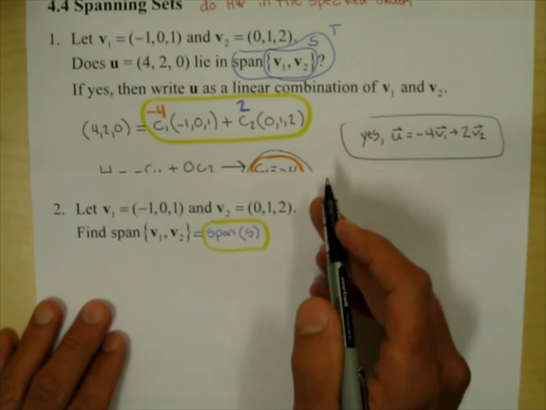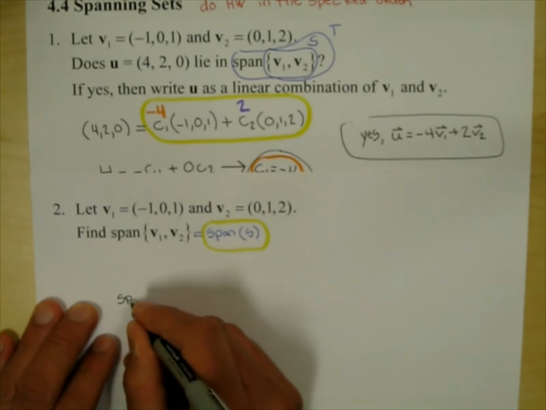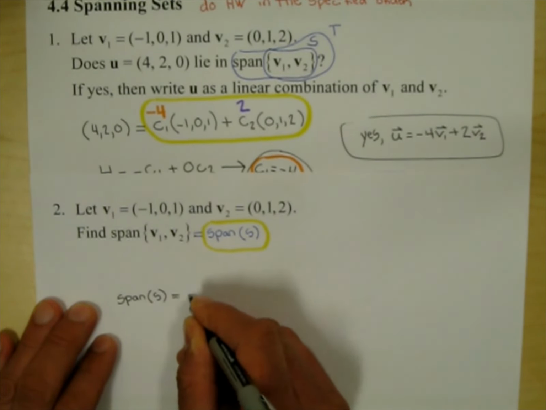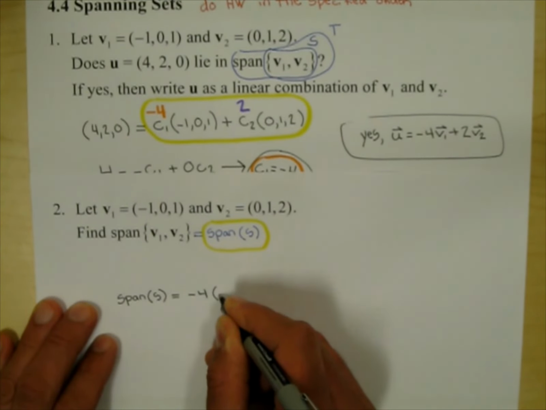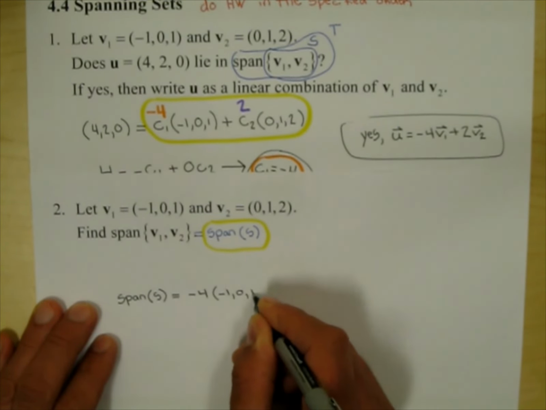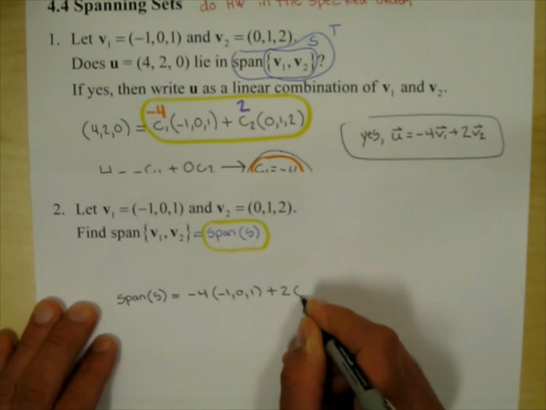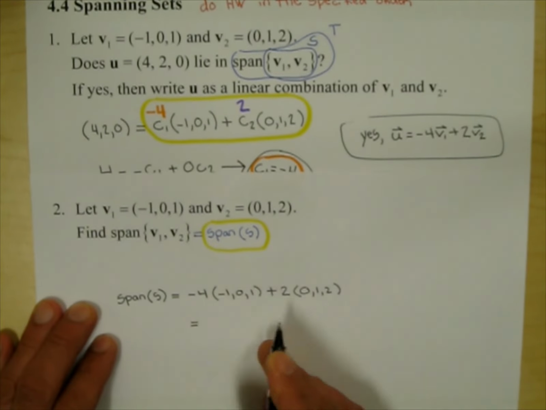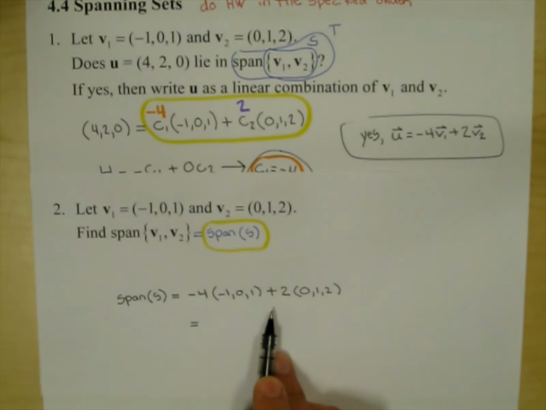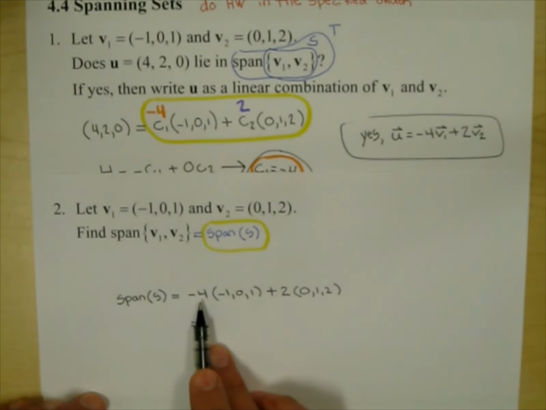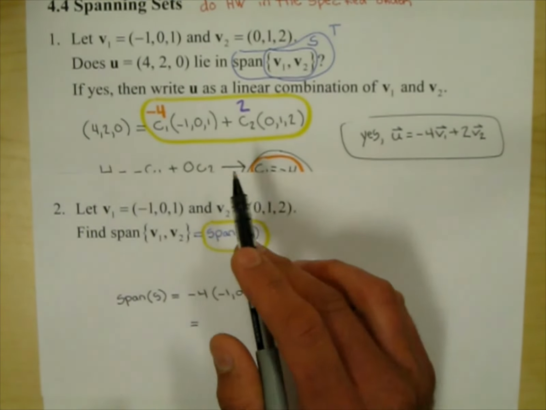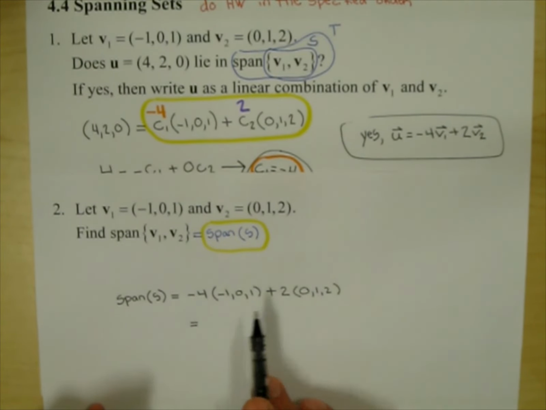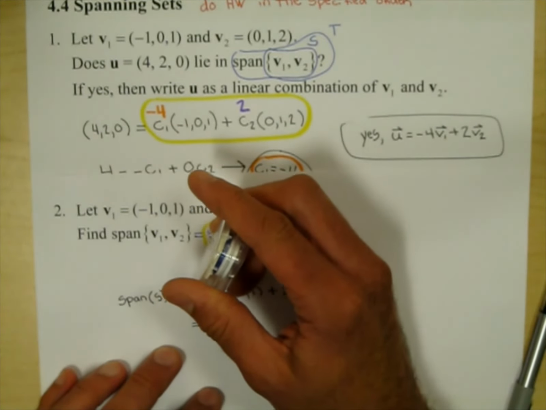Span of S equals this. -4 times -1, 0, 1 plus 2 times 0, 1, 2. So I'm going to go ahead and write this as one vector. And actually, what I did was wrong. The span is what I circled in yellow, but it's all possible linear combinations. This is just one linear combination, so I really should have kept the C1 and C2 in there.